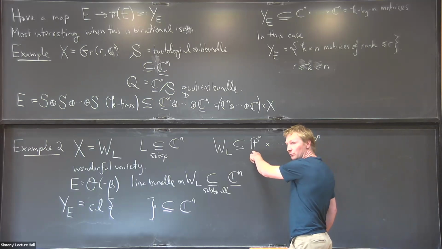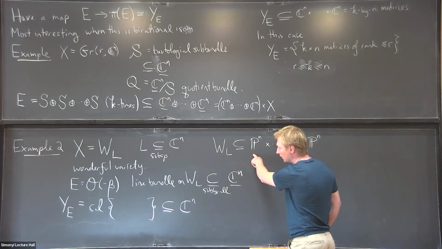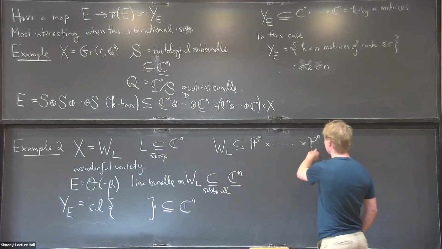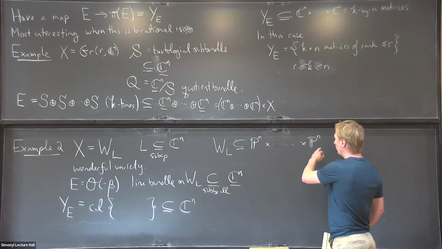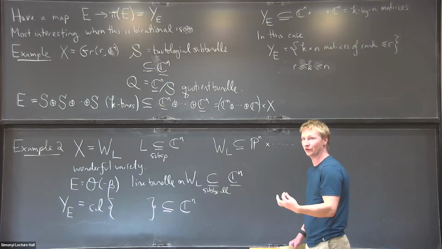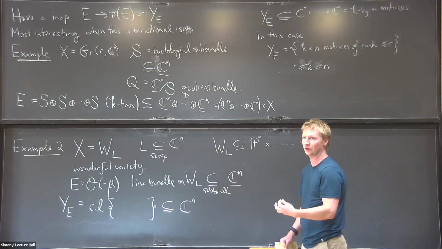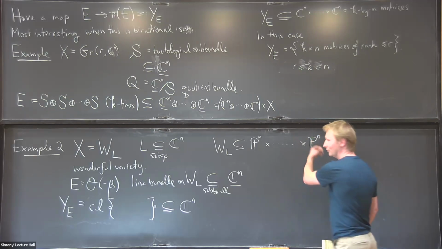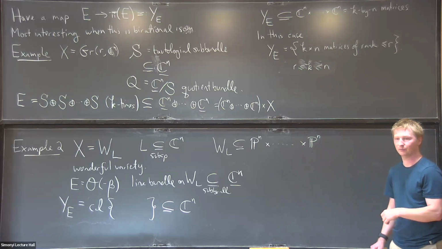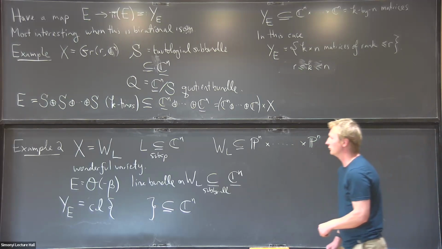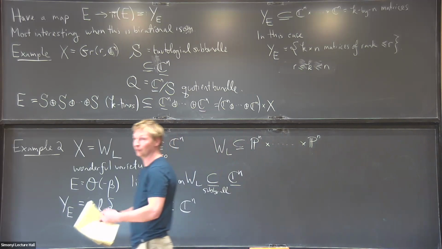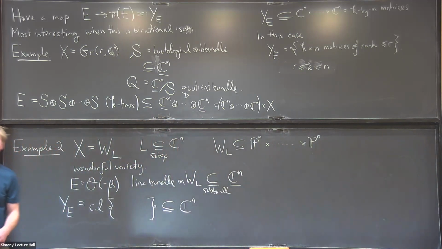There's going to be an O of -1 on each of these. One of these is going to pull back to a line bundle that would be O of negative alpha. The other one's going to pull back to a line bundle that's O of negative beta. So these are the alpha and beta that show up in the paper of Huh, Proudfoot, and others.